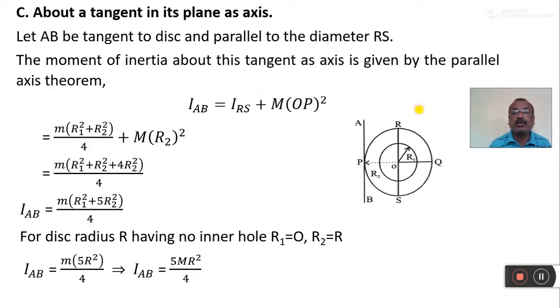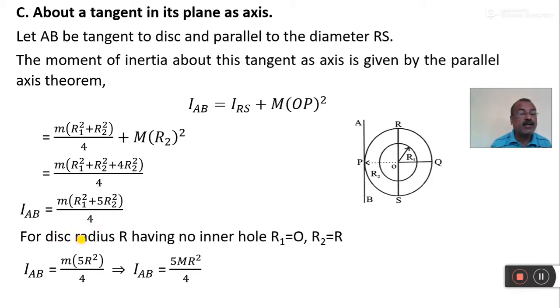I_AB is equal to I_RS plus m into OP squared, which is m into R1 squared plus R2 squared divided by 4 plus m into R2 squared, giving m into R1 squared plus R2 squared plus 4R2 squared divided by 4. I_AB is equal to m into R1 squared plus 5R2 squared divided by 4.